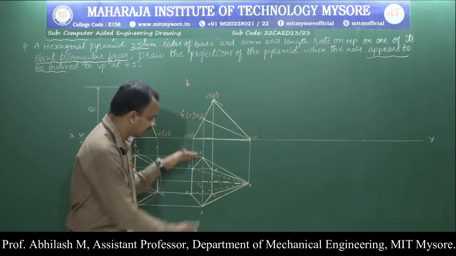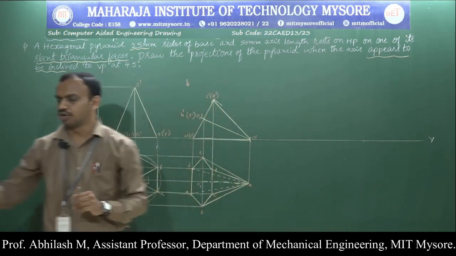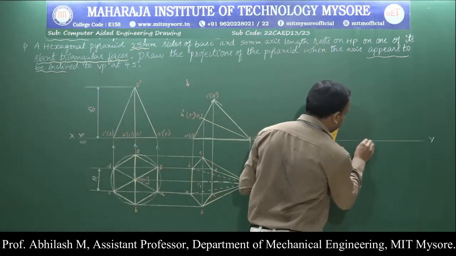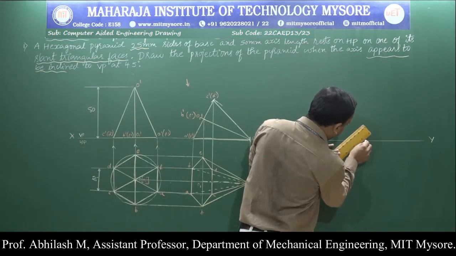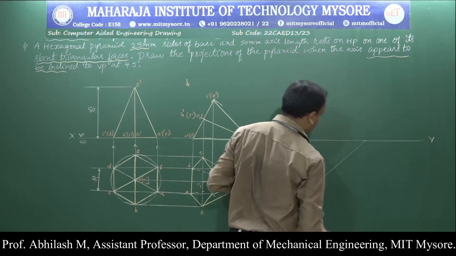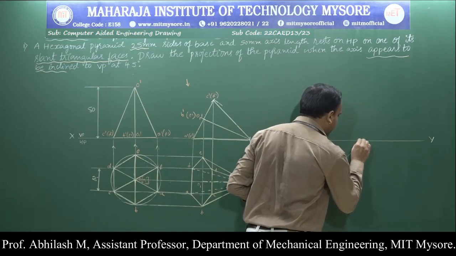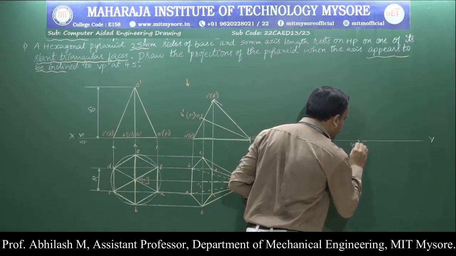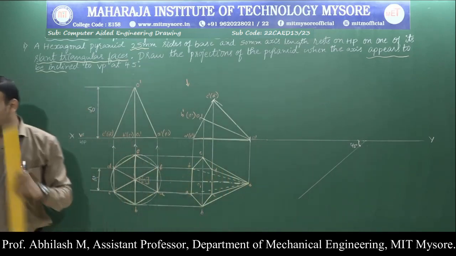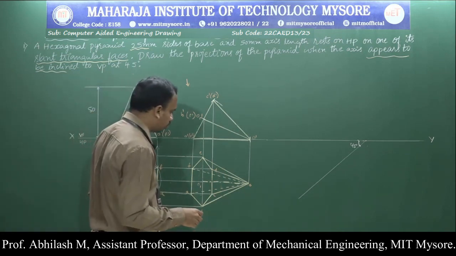We can transfer the second position directly to the VP, which is inclined at an angle of 45 degrees. So you can identify a point, draw a line for an angle of 45 degrees, indicate the angle, this becomes very important, and then transfer all the points from the second position in order to complete the final position. So how to do that?